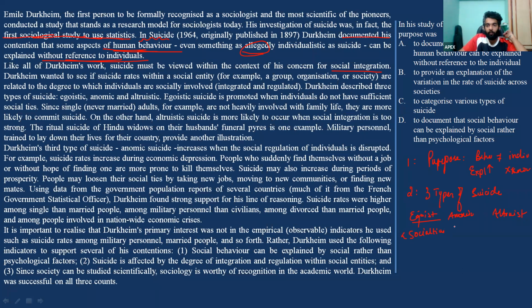Now, altruistic is very high social integration. An example is given of Hindu widows and military people. So all these are examples. Now, the third type is anomic. Anomic is when the social regulation of the individual is disrupted. So social regulation is disrupted. Okay, so we'll just put this symbol over this for us to understand. So this briefly is a mind map.